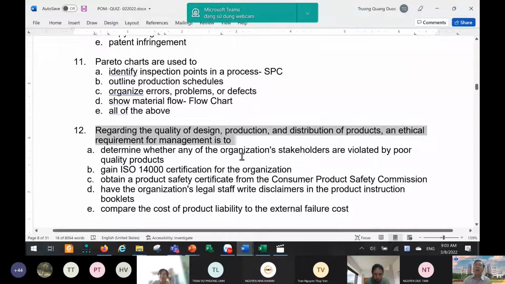Determine whether any organization stakeholder are violated by poor quality product, or get ISO 14000 certification for the organization, or obtain the product safety certificate from the Consumer Product Safety Commission, or have organization legal staff write disclaimers in the product instruction booklets. Or last one, compare the cost of product liability to the external failure costs. So which one?